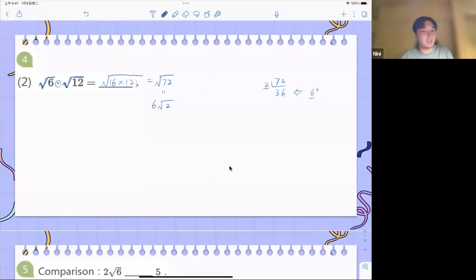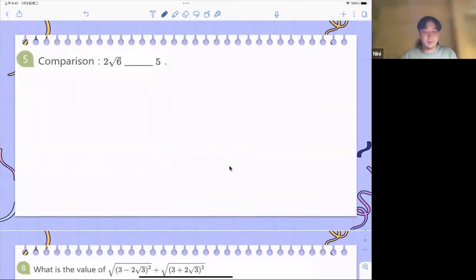Okay, so this is question number 4. Let's move on to the next one. Question number 5. Let's do comparison. So 2 square root of 6, and another side is 5. Which one is larger? Which one is smaller? What we can do for this one is, of course, we don't want the square root symbol.